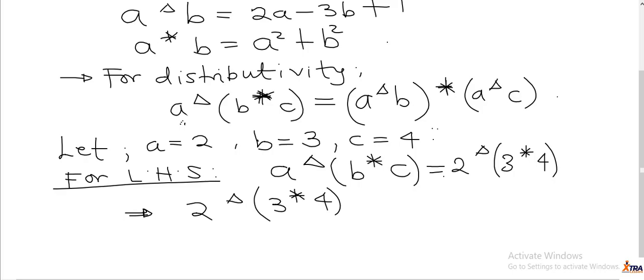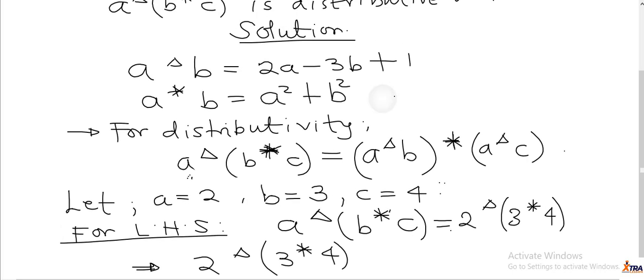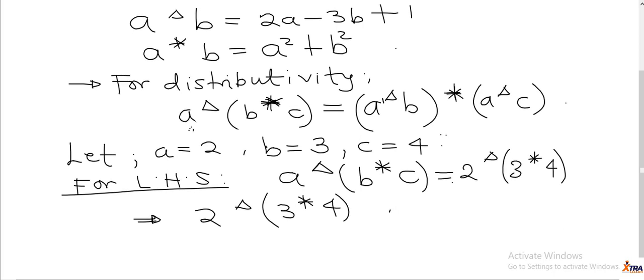We know for the asterisk operation, we are already given the operation, which is A squared plus B squared. So I can easily say that this will be 2 triangle, and this one will be 3 squared plus 4 squared, because our 3 and 4 here are serving as our A and B in this case.